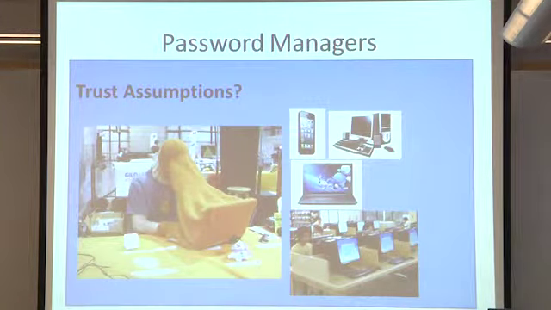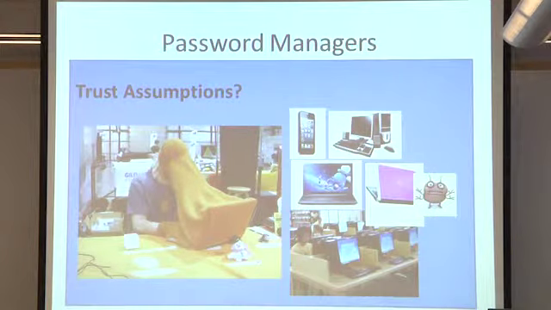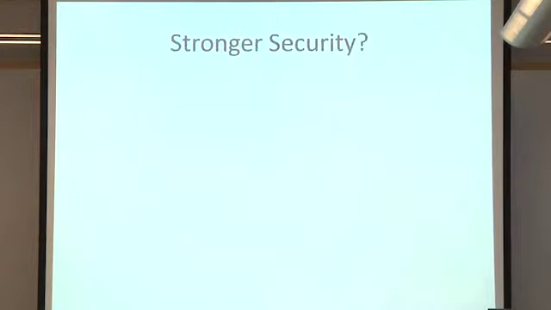Or if any of the computational devices that you ever use to authenticate is infected with malware, it's possible that the adversary will learn your master password and break into your account. Here, I personally use my cell phone, my desktop computer, my laptop, sometimes computers at a public library, sometimes friends' laptops. If any of these devices is ever infected with malware, then the adversary would learn your master password and break into every account that you have.